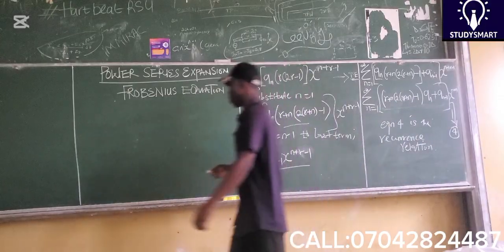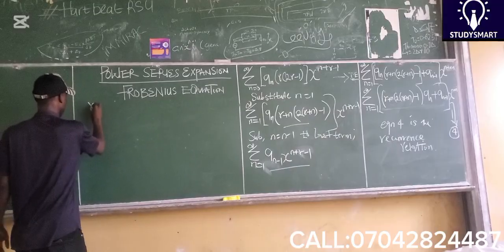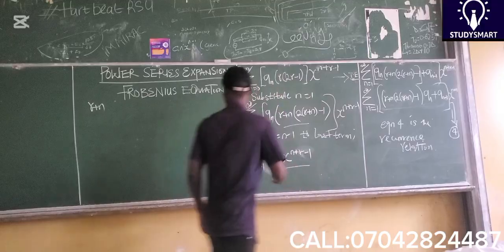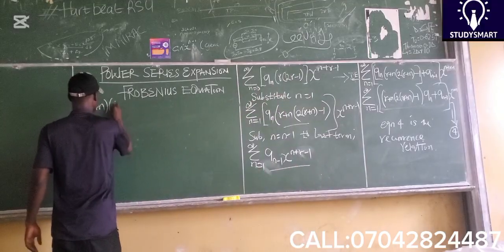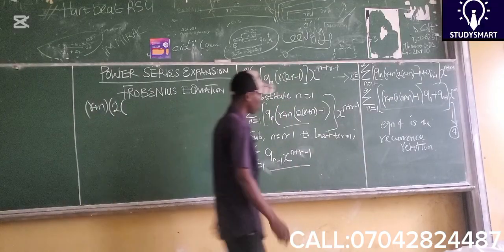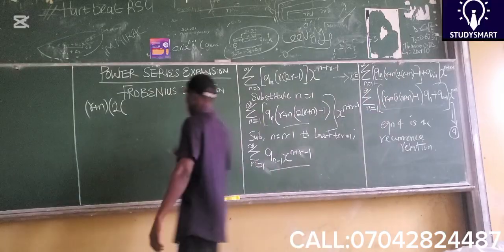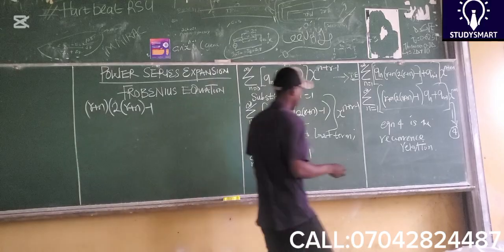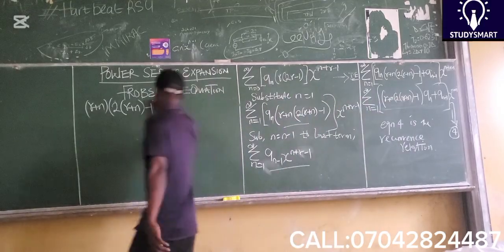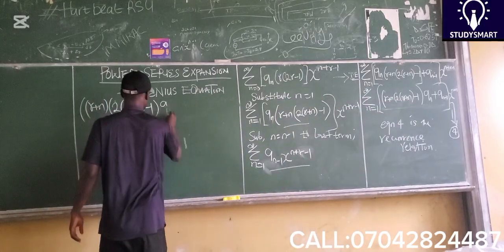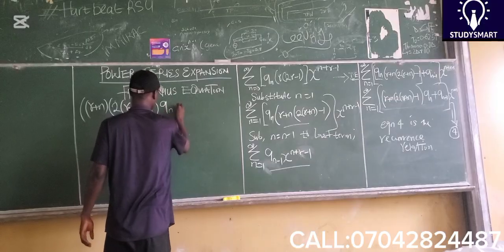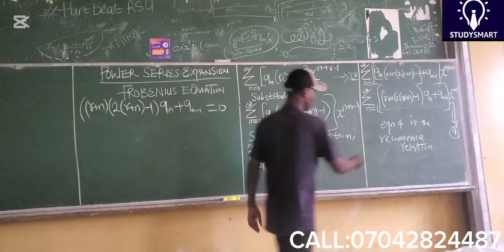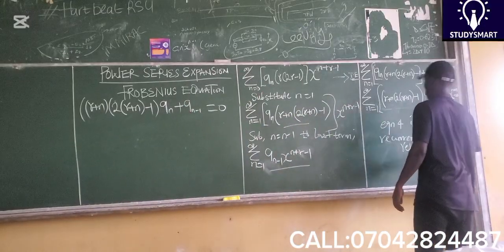What I have here is (r plus n) multiplied by 2(r plus n) minus 1, in brackets, times an, then plus an minus 1, equated to 0.